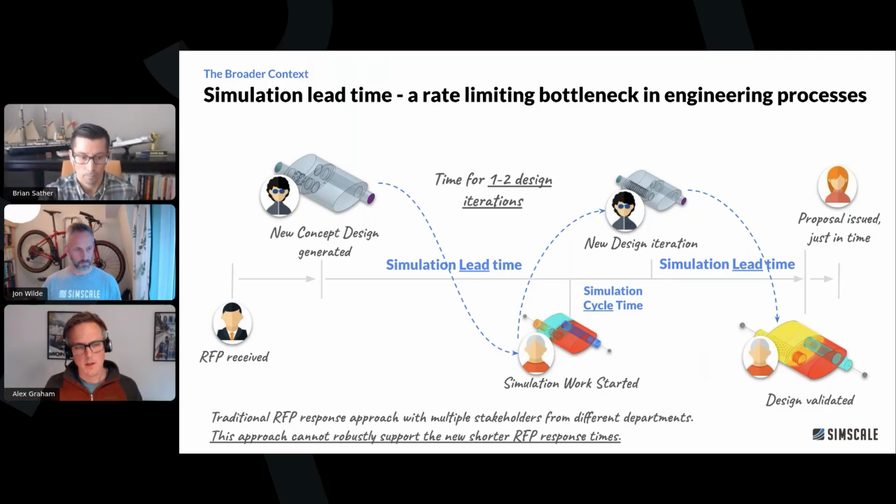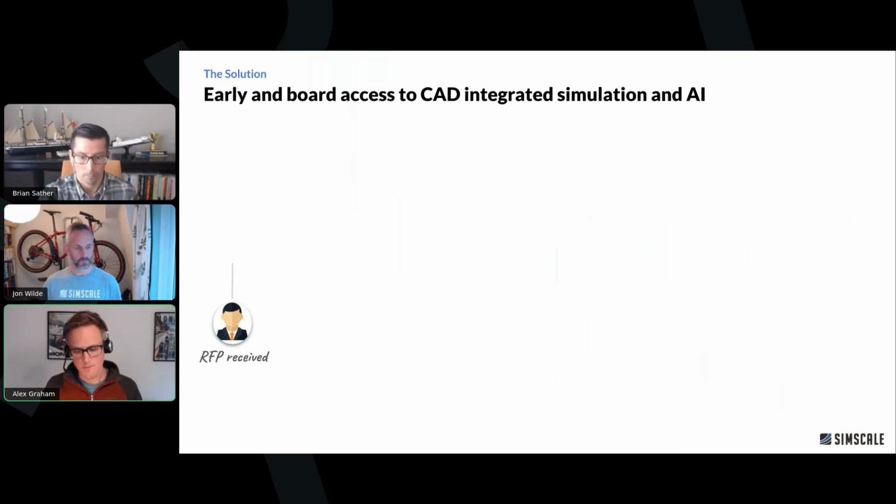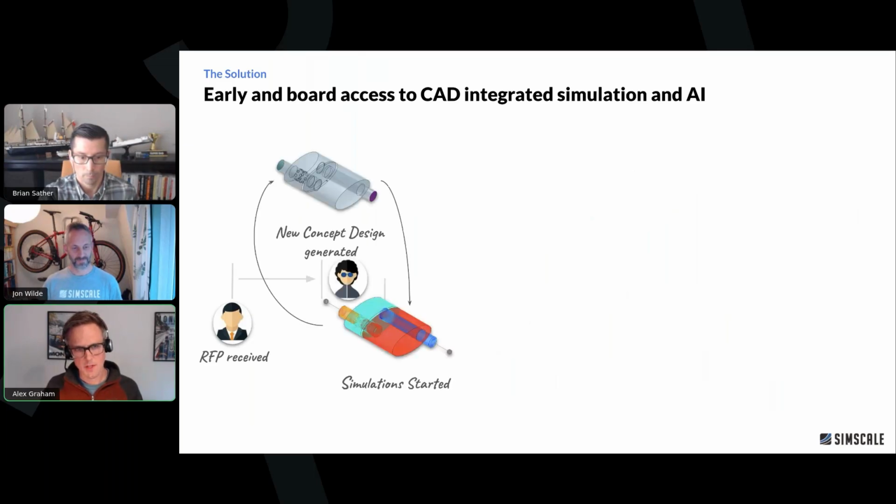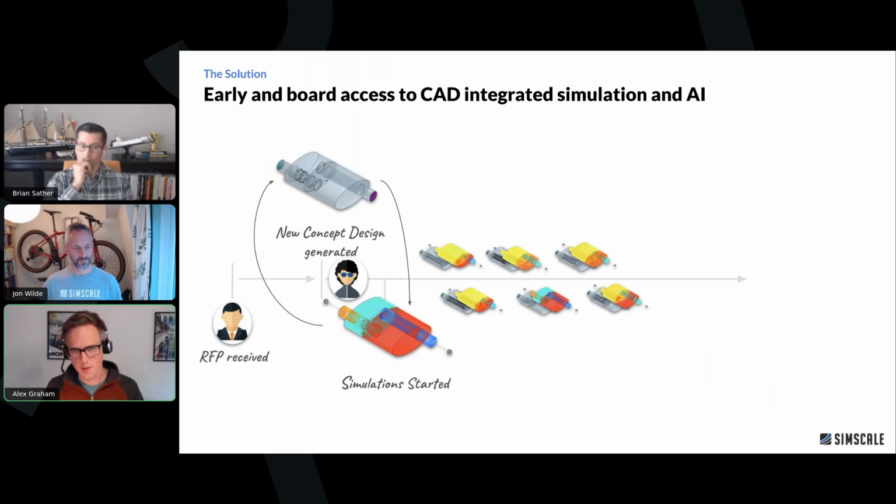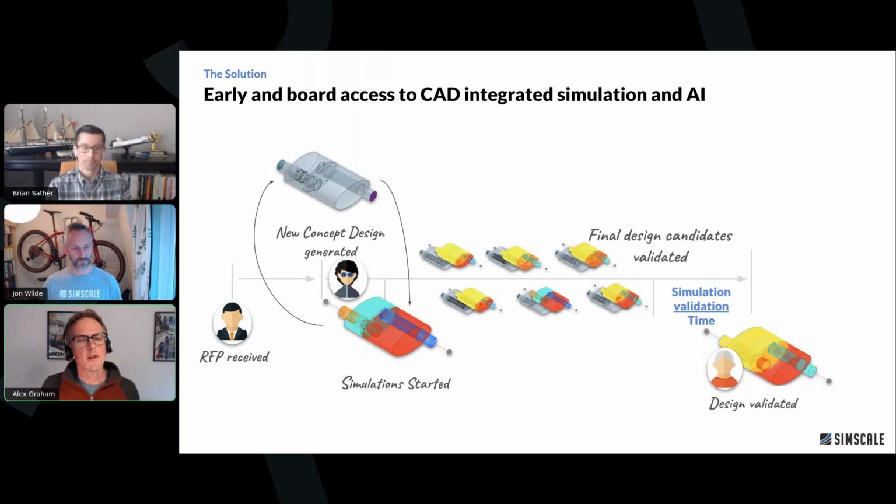But the other thing to consider here is, I'm just going to move through the slide a bit faster this time. If we could actually collapse both of those bottlenecks, if we could eliminate both of those bottlenecks, so we take away the simulation lead time and we take away the simulation cycle time, that gives us enough opportunity to actually explore many, many designs in the same period of time.